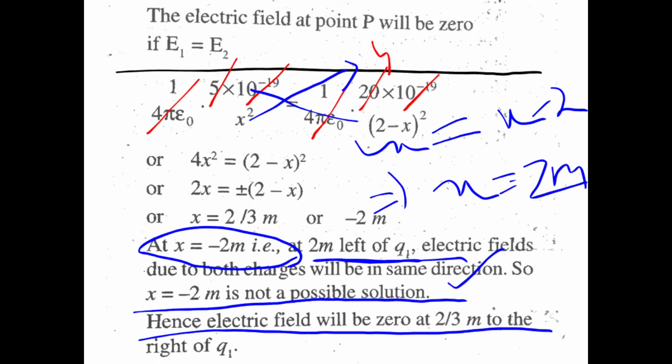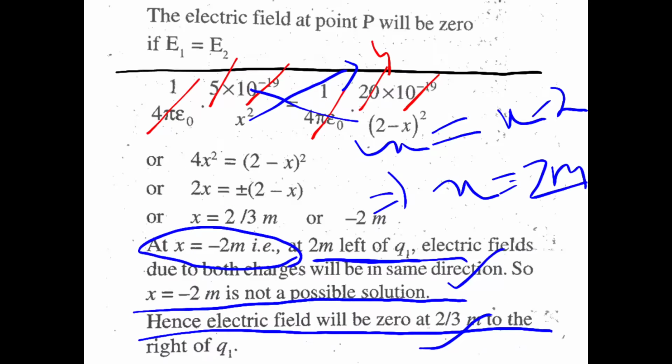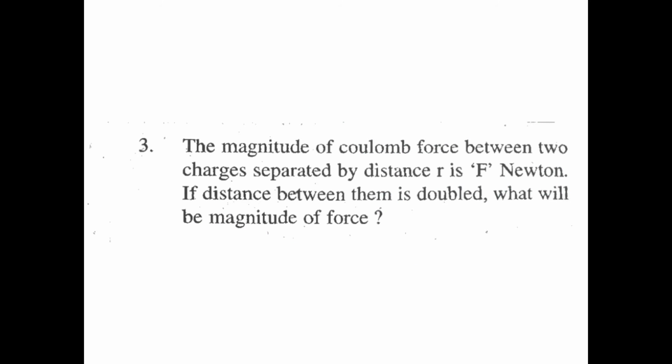Hence the electric field will be 0 at 2 by 3 meter to the right of the charge q. That means the distance between A and P will be 2 by 3 towards the right hand side. Okay, next, what is the next question?